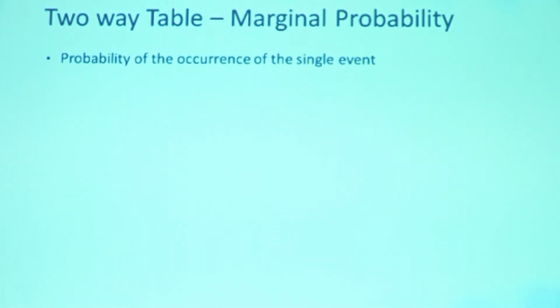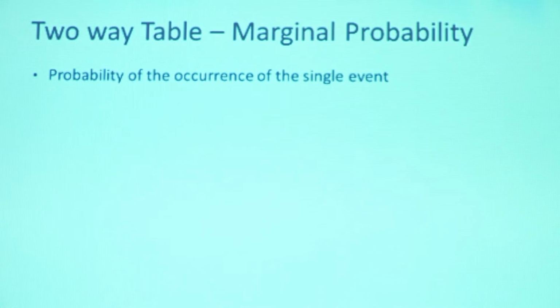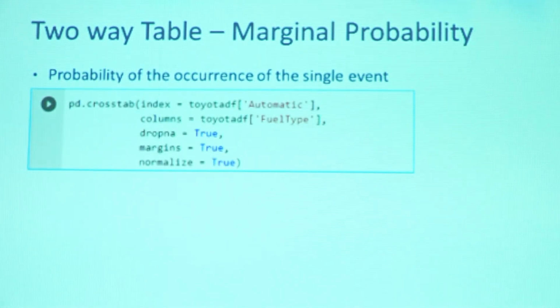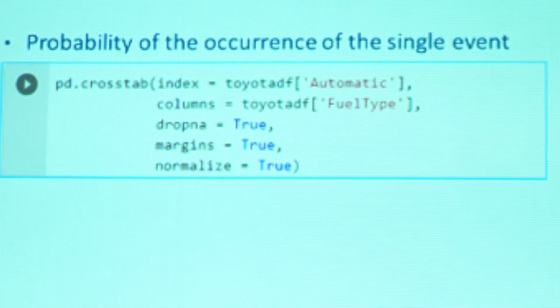Next, marginal probability. What is marginal probability? Whether a single event can occur or not. Okay? So here index plays a very important role. Margins should be made true in your crosstab. Because I am taking probability into picture, I have to normalize it, but I should make sure that margins is true.